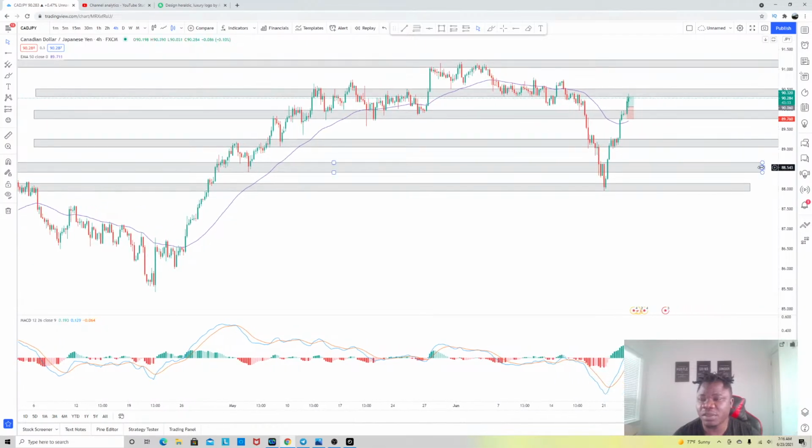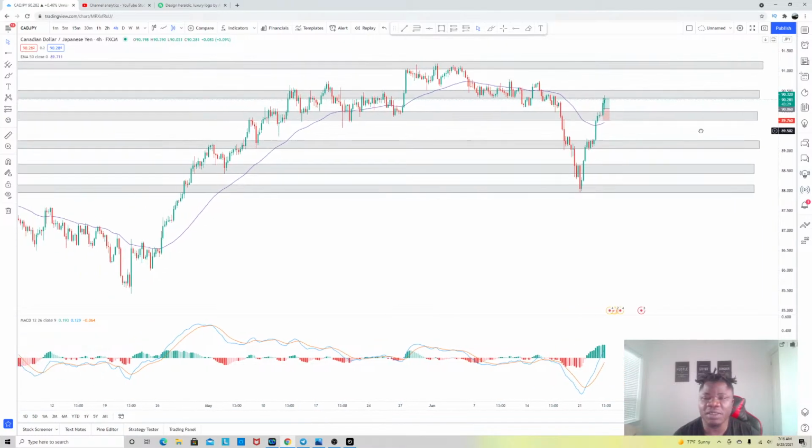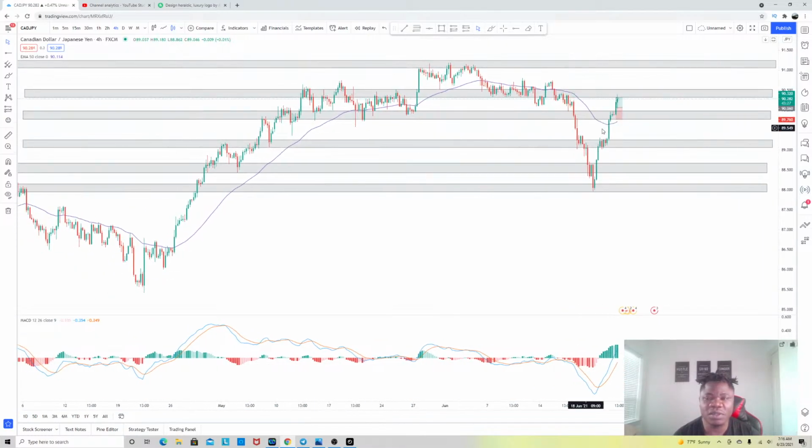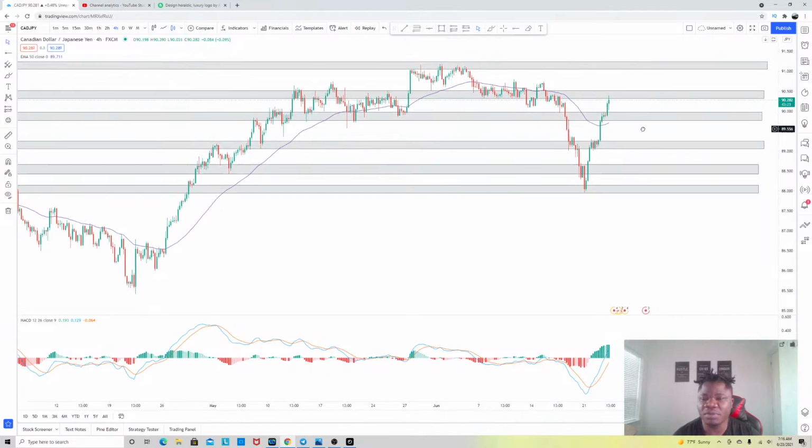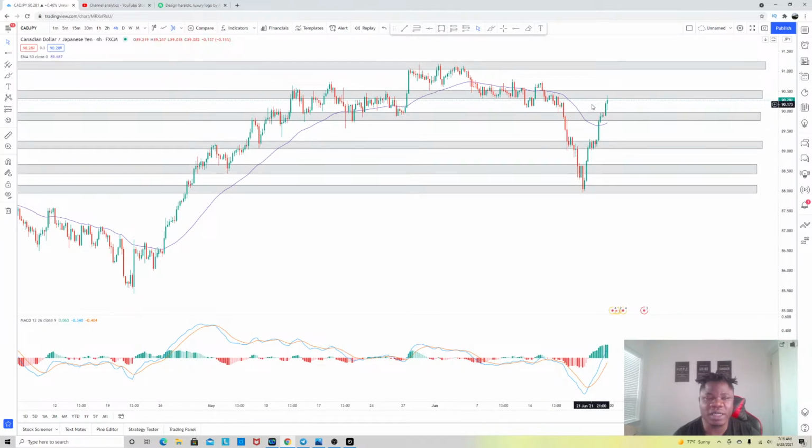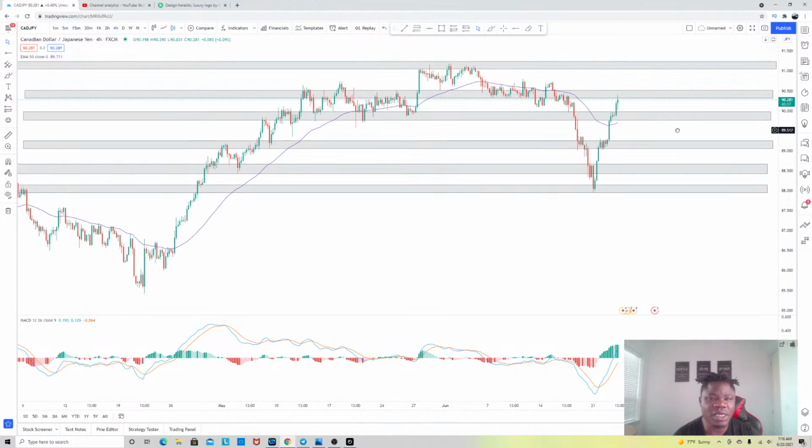I actually got in this trade on JPY during London session, and I sent the signal out too, and we got about 25 pips off of that trade.